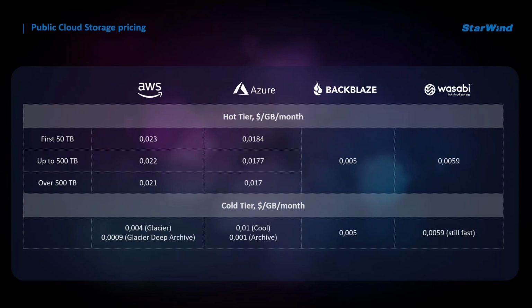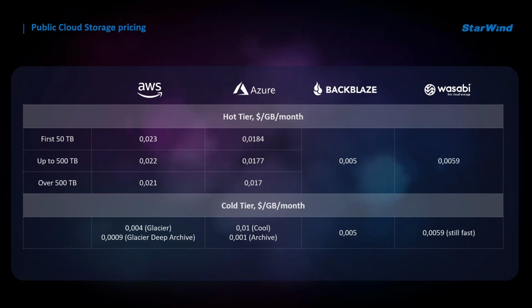Now we have seen the difference between the tape and the cloud. Let's take a closer look at the public cloud storage offerings. The most popular right now on the market are AWS and Azure for all of the enterprise grade. However, Backblaze and Wasabi are also very popular cloud storage providers, and you can see the prices on your screens.